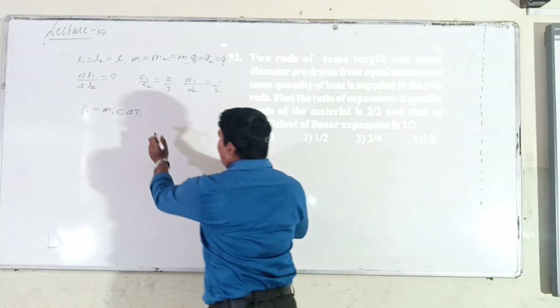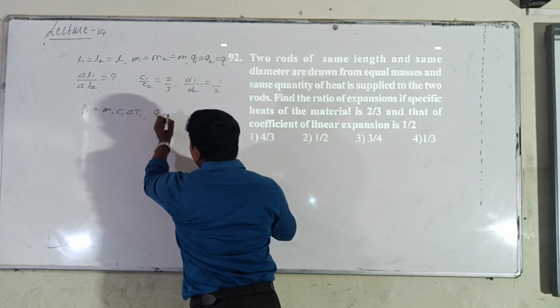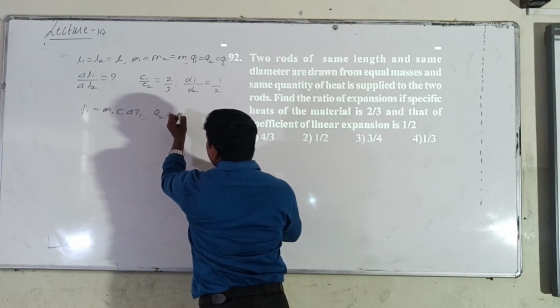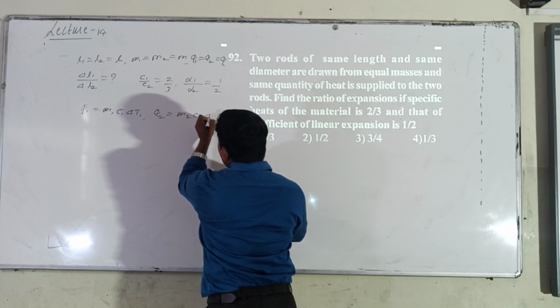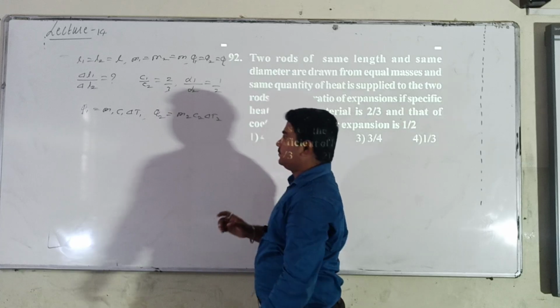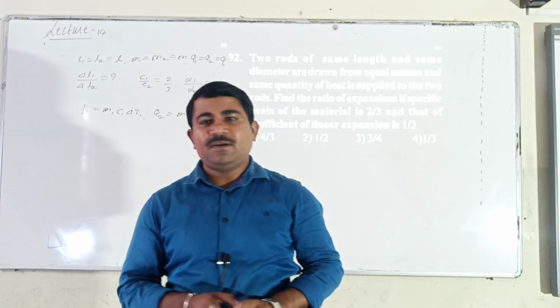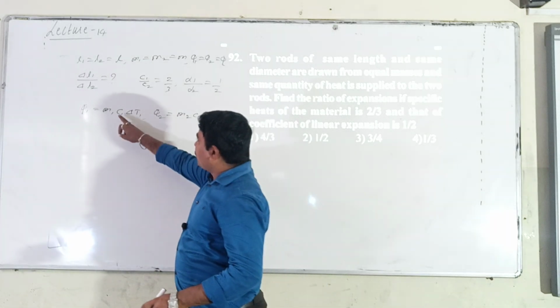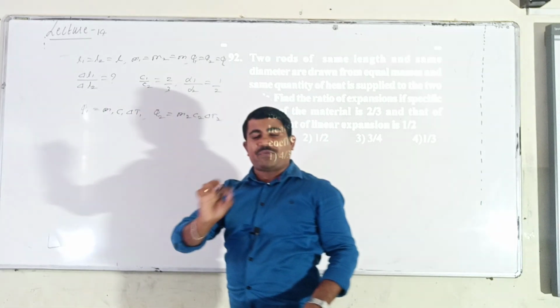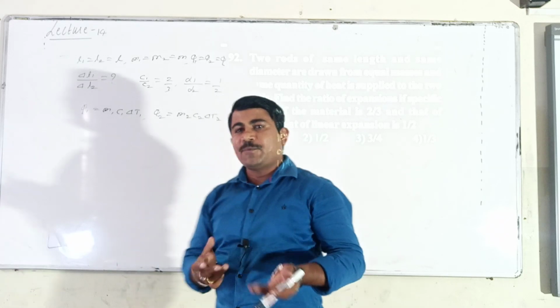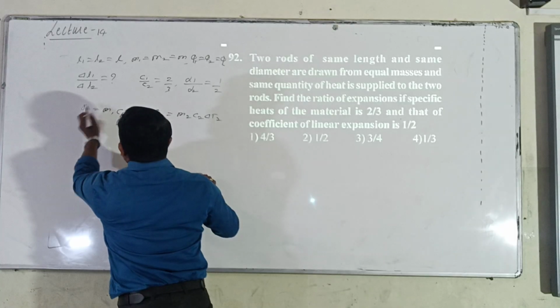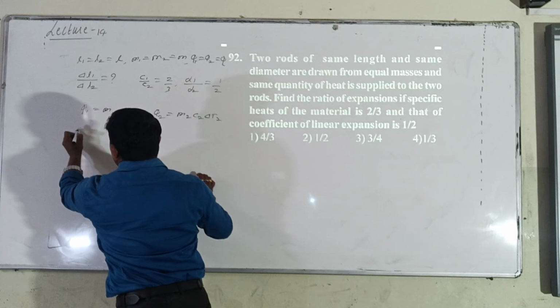For the second material, the same quantity Q2 is equal to M2 C2 into delta T2. Right or wrong? But we know what is given: same length, same mass, same quantity of heat. Same quantity means Q1 is equal to Q2 is equal to Q. Shall I modify this?